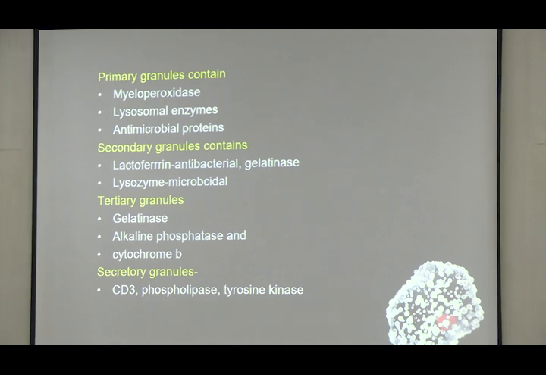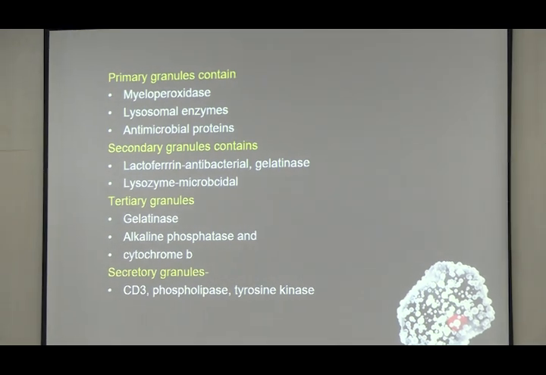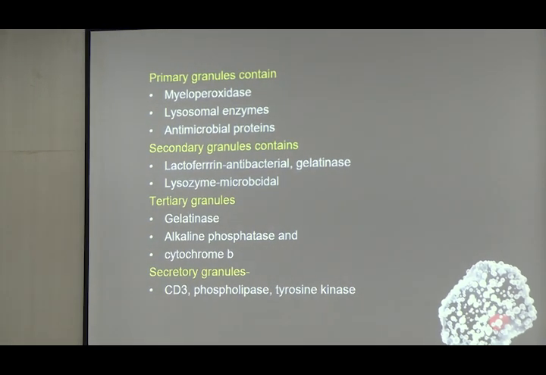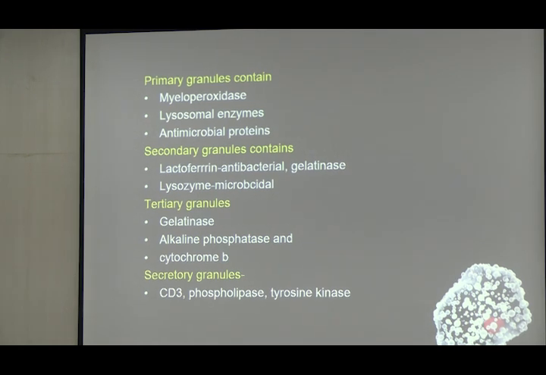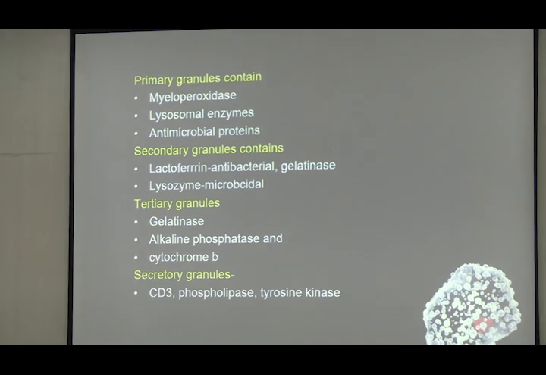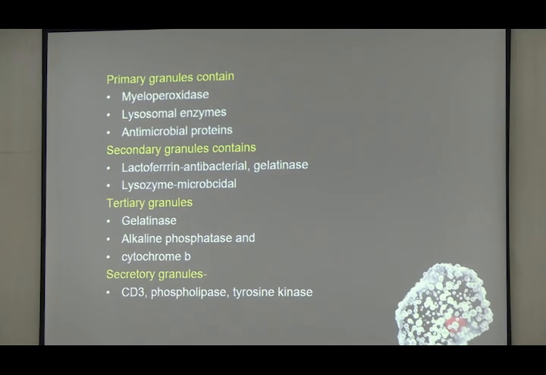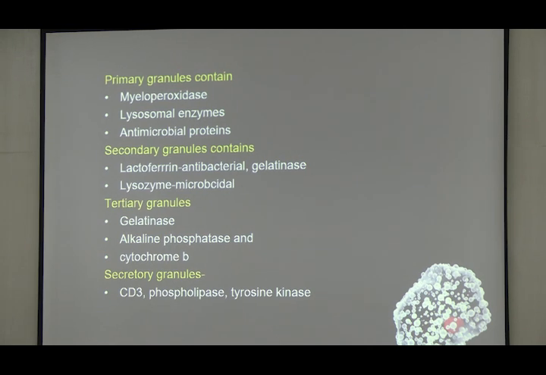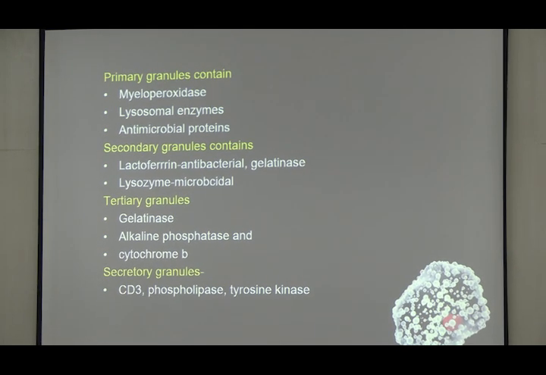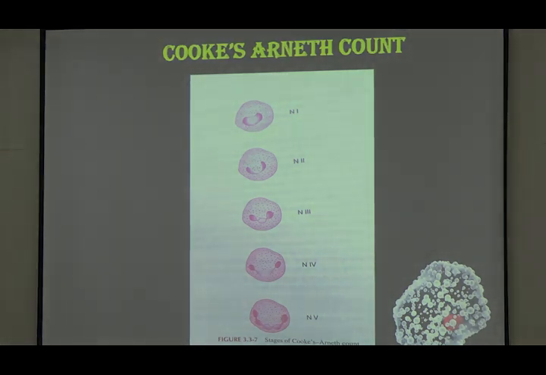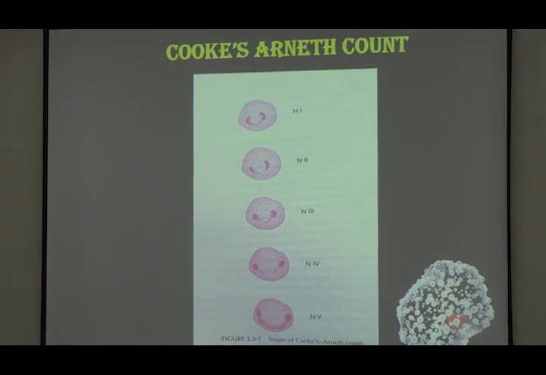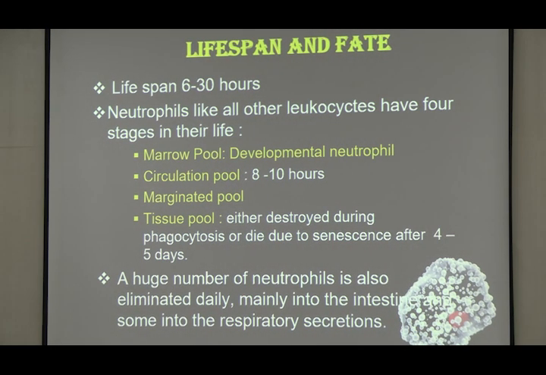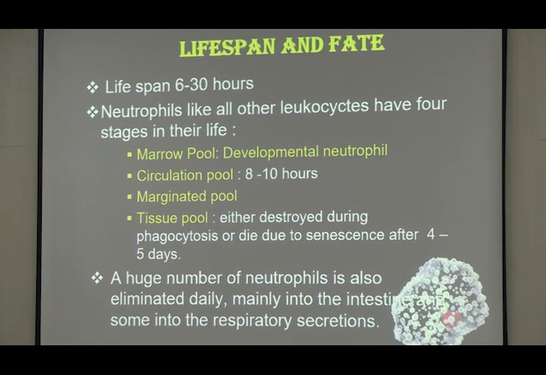These are the contents. Secondary granules contain these. All these are weapons to kill the bacteria, to kill the invaders, to destroy the toxins. Now, the neutrophil count we discussed.